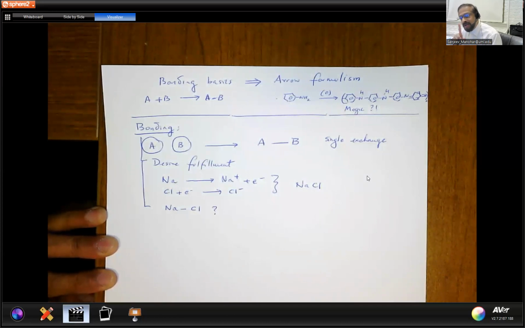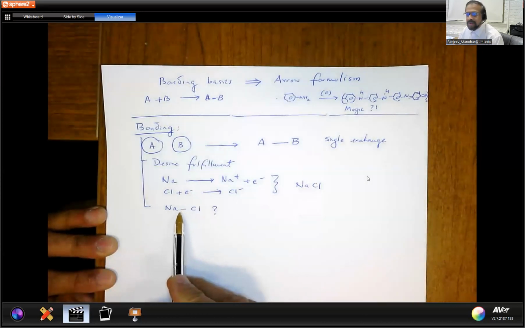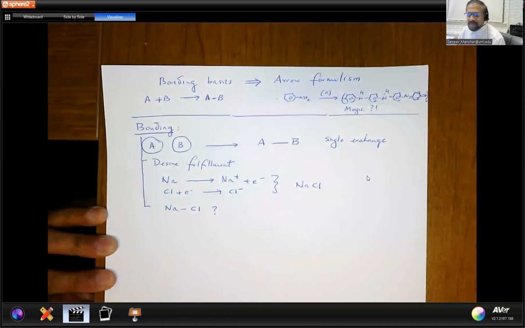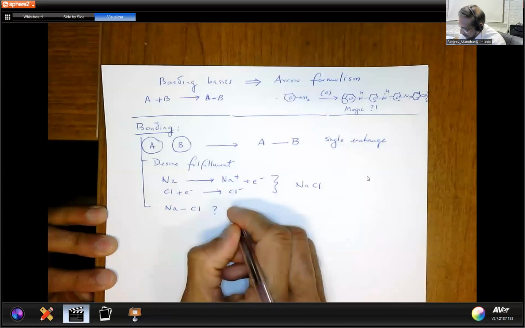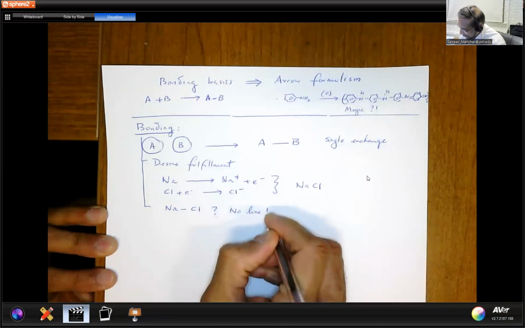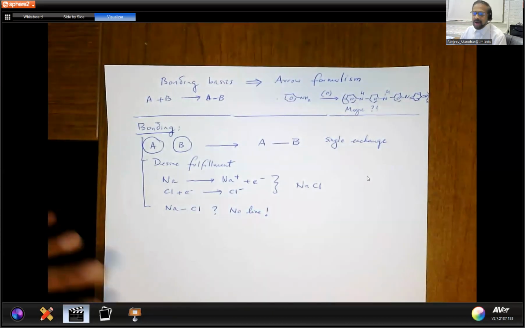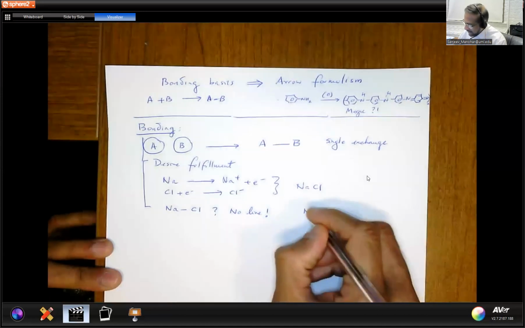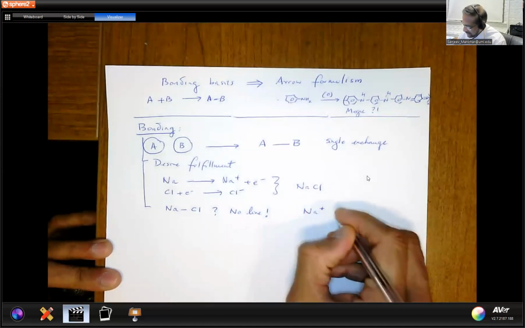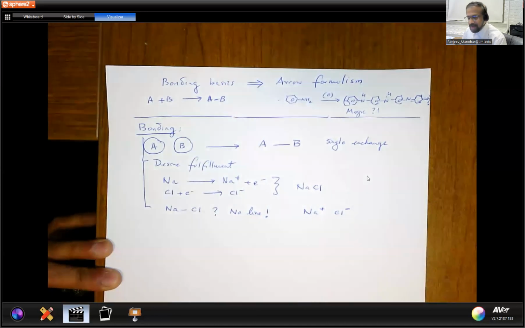There's only one electron, not two. So there's no line. How do you depict sodium chloride? You call it Na plus Cl minus. This is called an ionic bond.